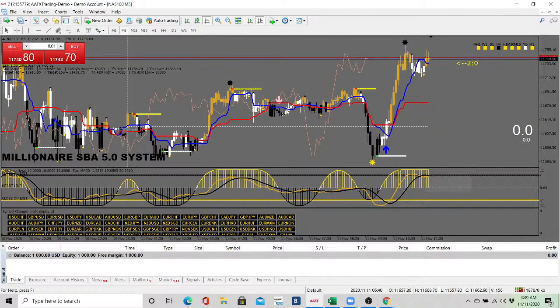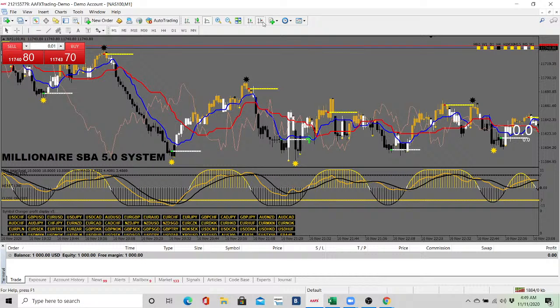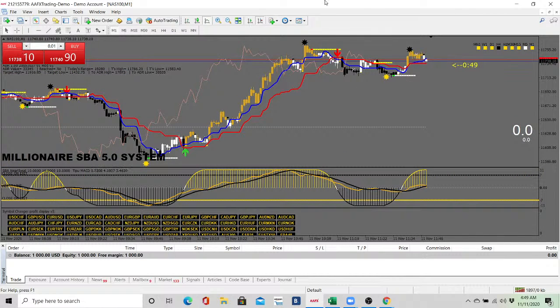So let's see. On the 1 minute, it would be a buy. However, it looks like the market is consolidating, and I don't really want to trade sideways.